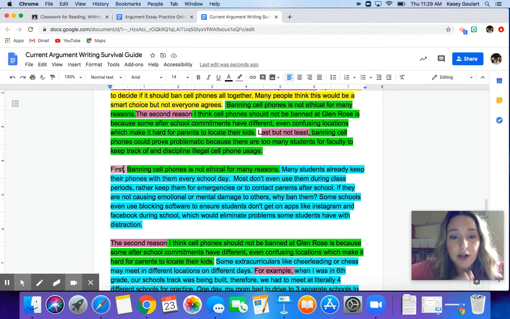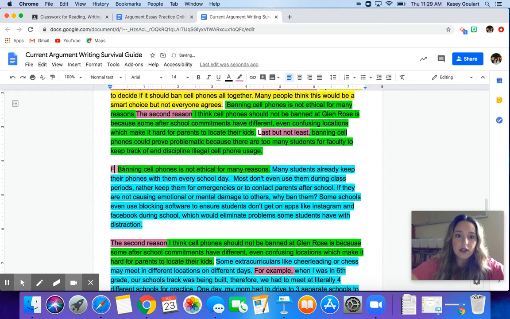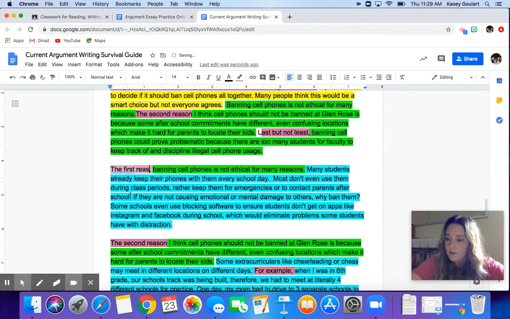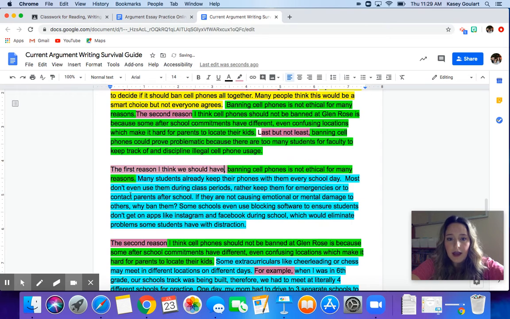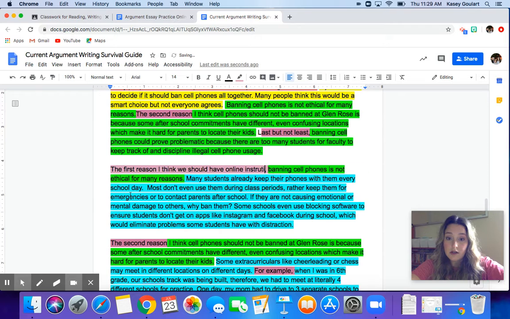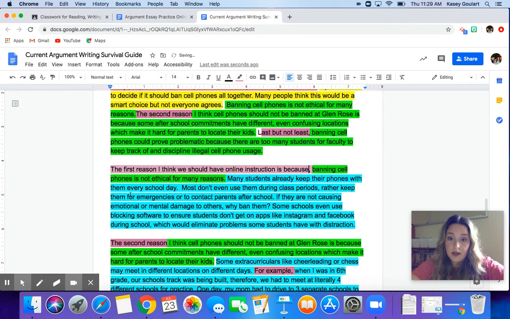So I'm going to my first reason paragraph, my first purple transition, and I'm going to write down, instead of first, I'm going to come up with a better one. Let's use the first reason. In my choice, I think we should have, I'm just going to use online instruction, is because, comma.